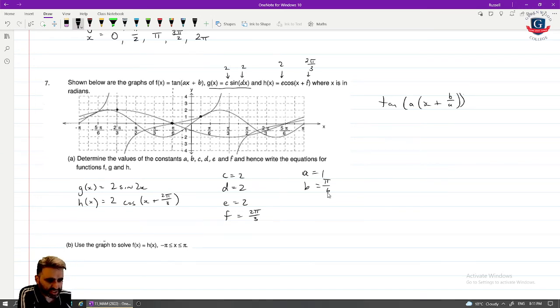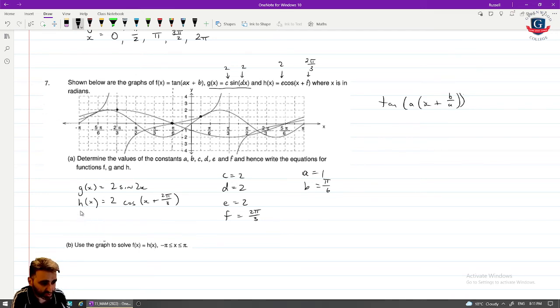Where x is in radians, it doesn't tell us. Yeah, okay. I don't think my answer's wrong. All they've done is they've said that the function is upside down at this point. Turn it upside down, shift it that way. I just shifted it the other way. So it doesn't say I can't have a negative solution.